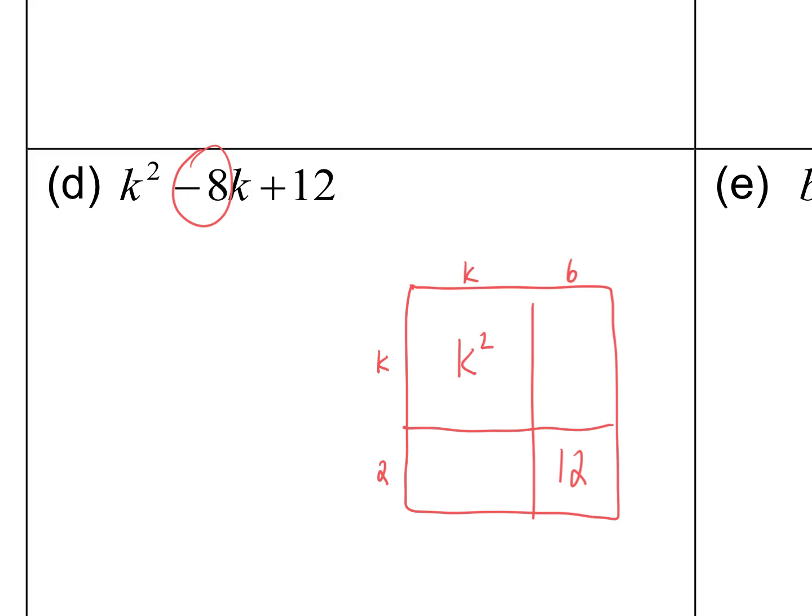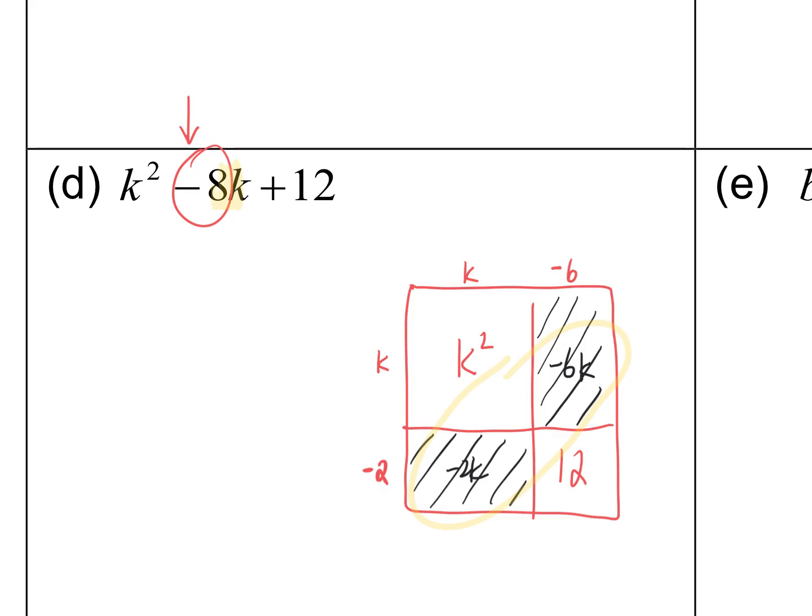Both of them should be negative because negative 6 times negative 2 is also positive 12. So when you see a negative number here, you know these two must be negative somehow. Then I'll be happy here because this will give me minus 6k and this will give me minus 2k, and they add up to the number I want.